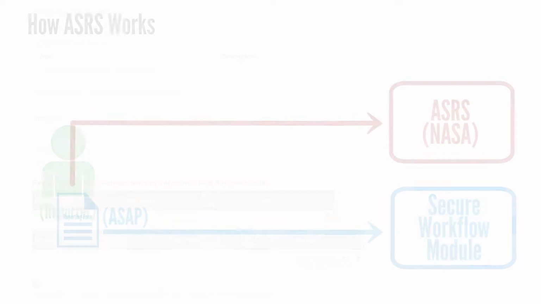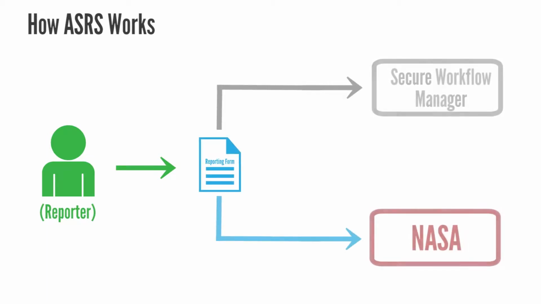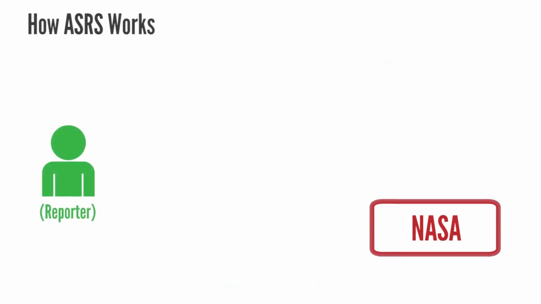It works like this. A user submits a report that is flagged as Use Secure Workflow, or ASAP. At the end of the day, each submitted ASAP report will be automatically sent to ASRS. Each ASRS report will also include the reporter's contact information and address found in their profile, so it's very important that they have this information updated.